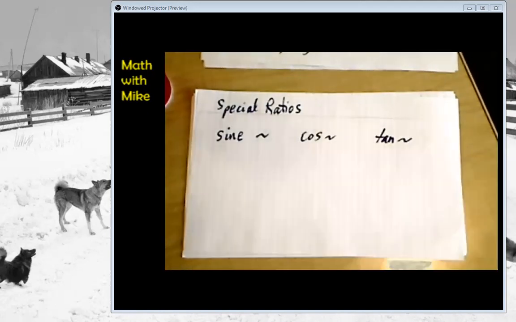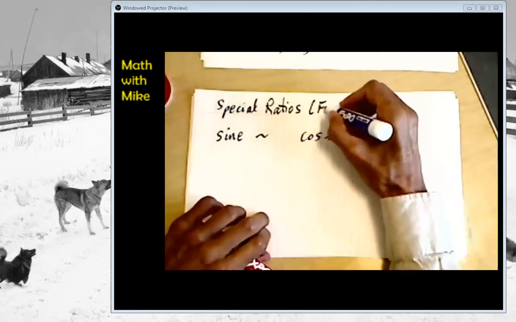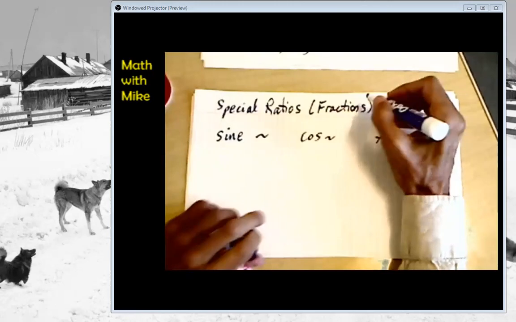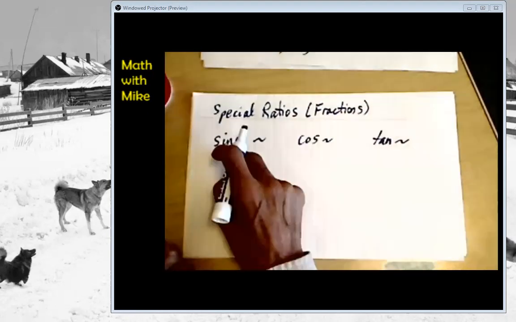So special ratios, special fractions. Sine is always, always, always what fraction? Sine always uses what sides of a triangle?